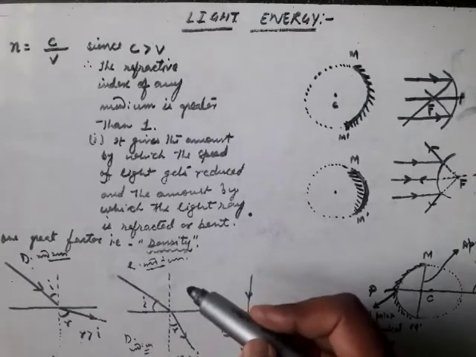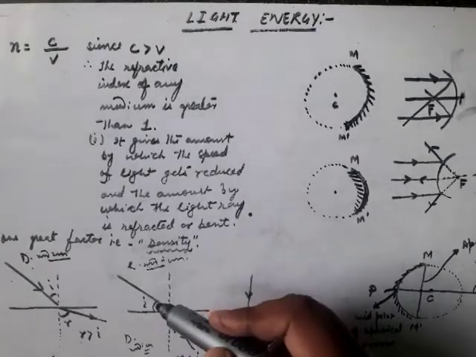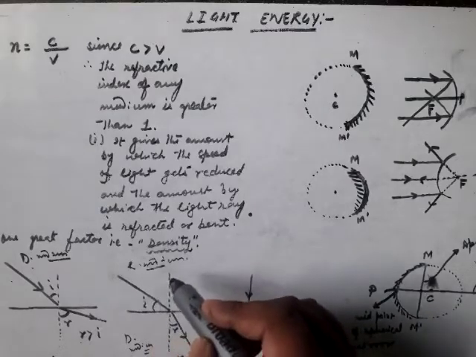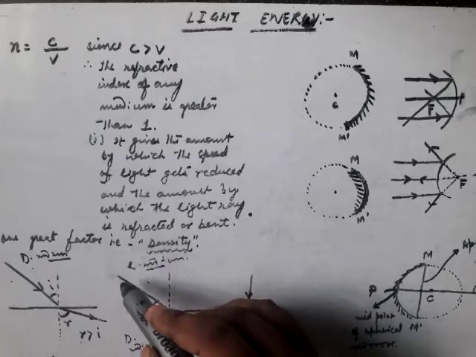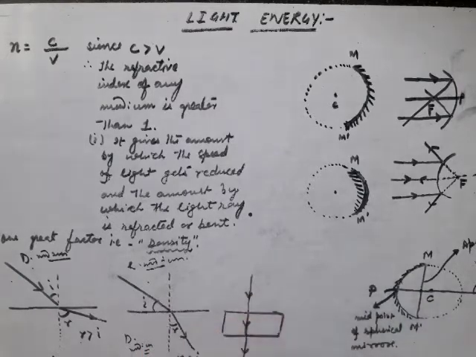In this case, when a ray of light enters from the rarer medium to the denser medium, the ray of light comes towards the normal. This means the angle of refraction is less than the angle of incidence. Here you see the ray is refracting towards the normal, coming nearer to the normal. So this is the second case.